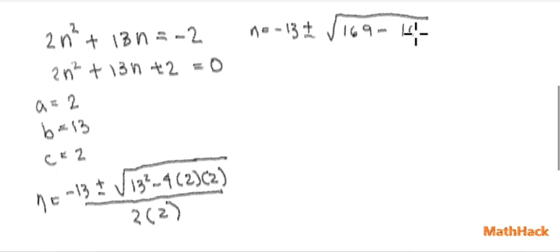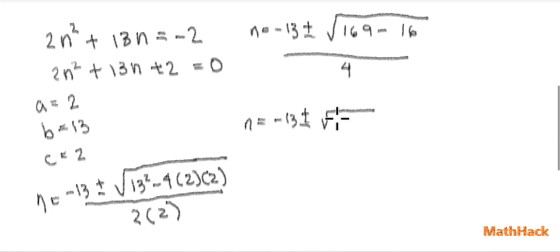Right? Then, divided by 4. So we have n equals negative 13 plus or minus 169 over 16 is 154. So 154 over 4.